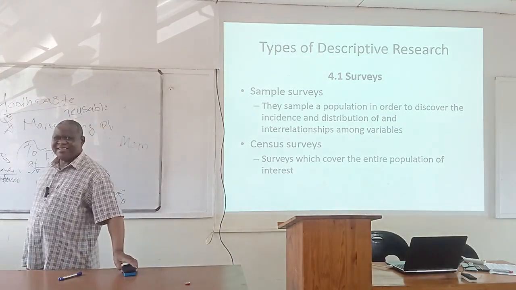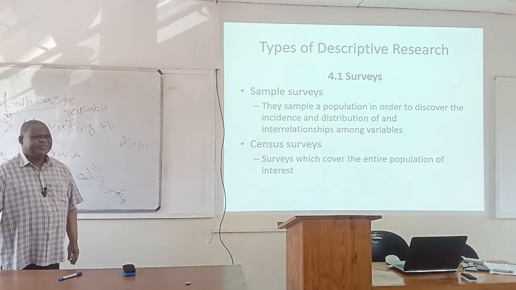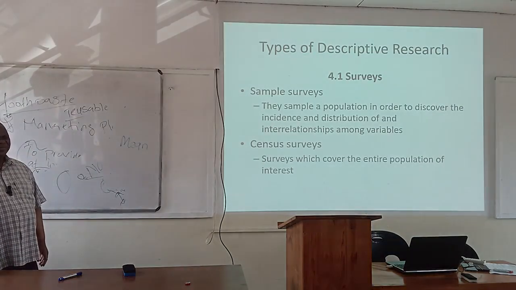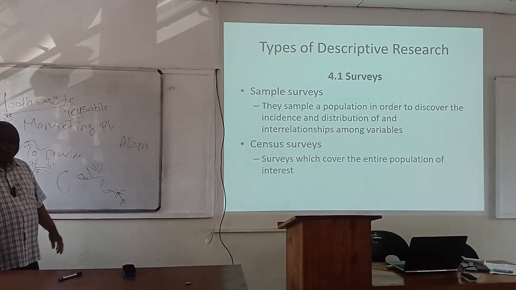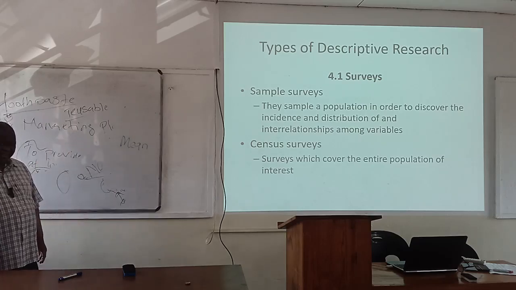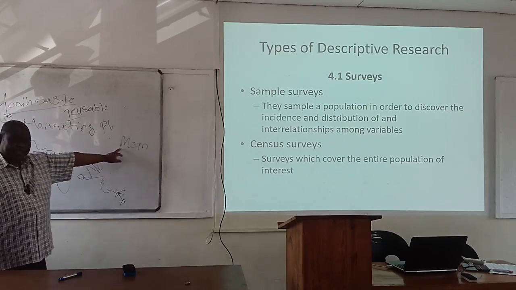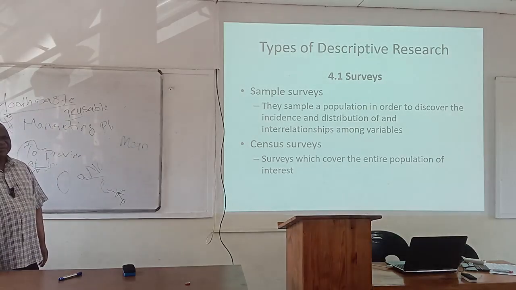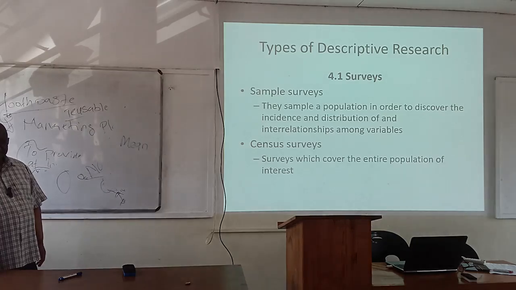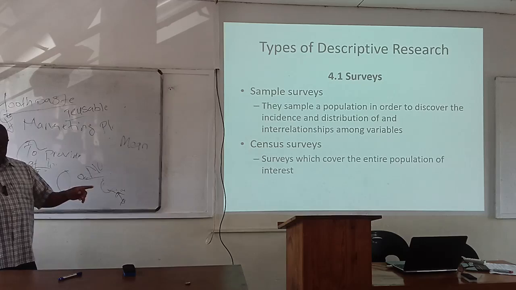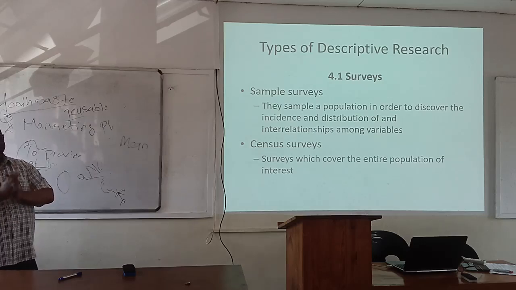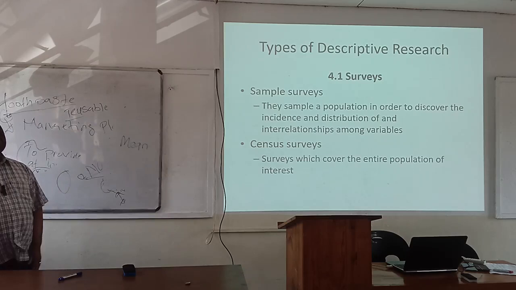It's the sum of all values. The mean is also called the arithmetic average. It's the sum of all values divided by the number of the scores. It's the sum of all the scores divided by the number of scores.